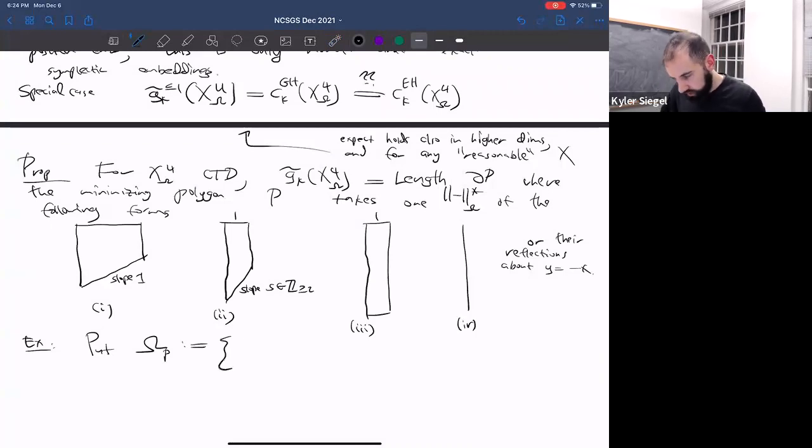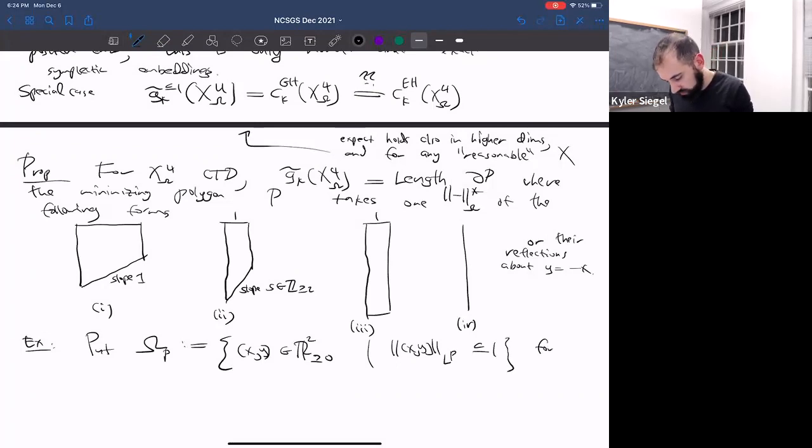So omega_p is the L^p ball in R^2 living in the first quadrant, the set of all points in the first quadrant whose L^p norm is at most 1. So p is some number which is at least 1, or maybe infinity.